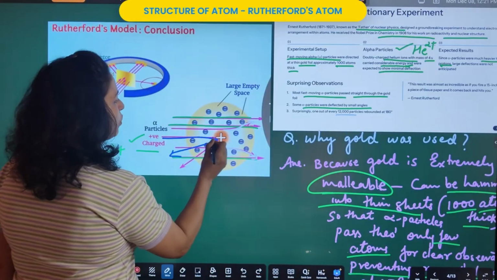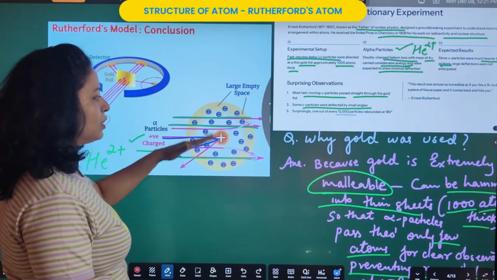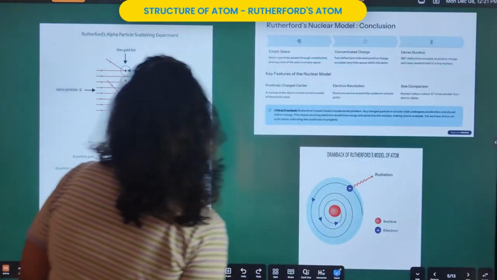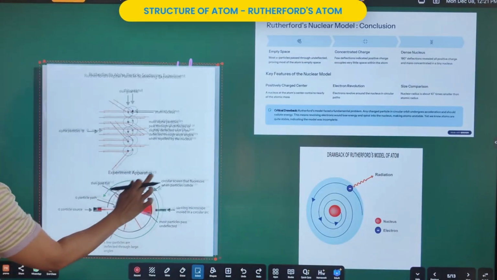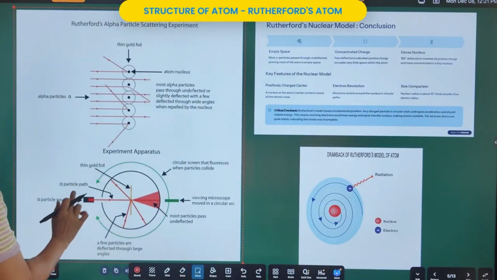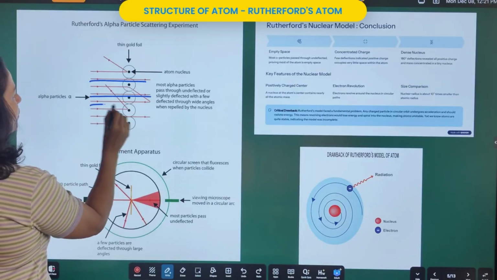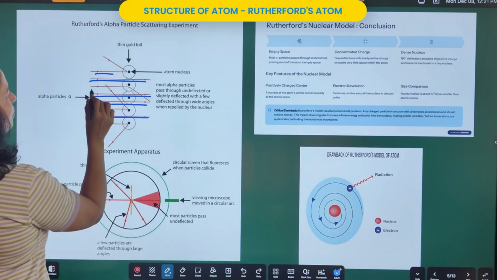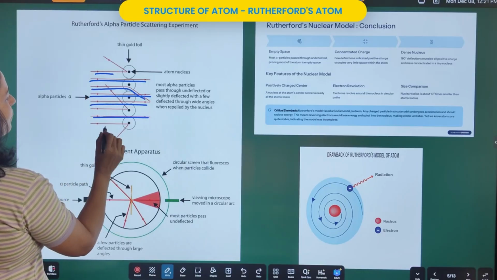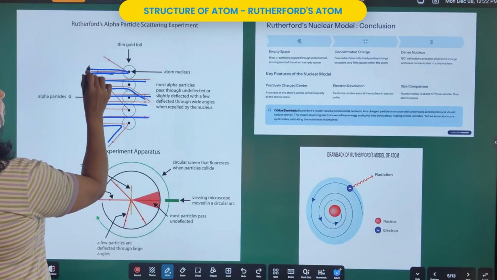Most of the alpha particles just went straight, as you can see here also. Some went by some angle, but some took a rebound.